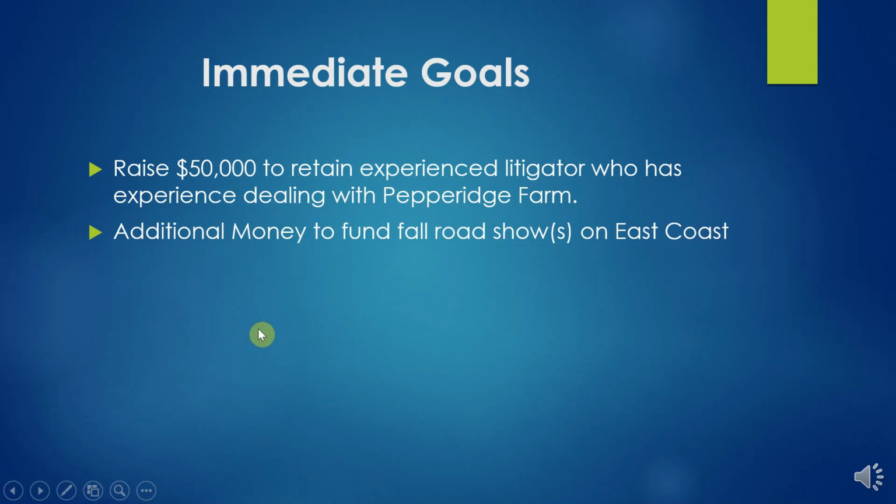Currently, any money that we do raise after we get the $50,000 to hire the litigator, which I'm hoping is going to be done within the next 30 days, we need to have another road show. This time we are focusing on the East Coast, mainly because that's where we have a lot of bakery distributors. So we're looking to do an East Coast probably again in October.